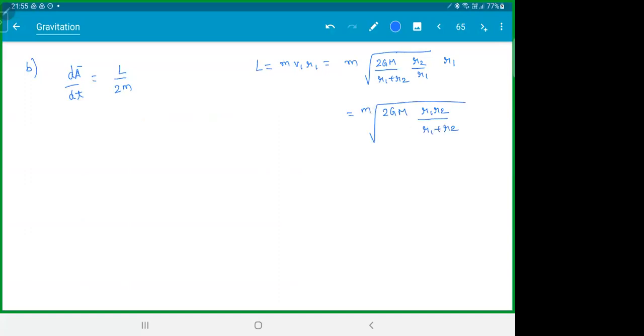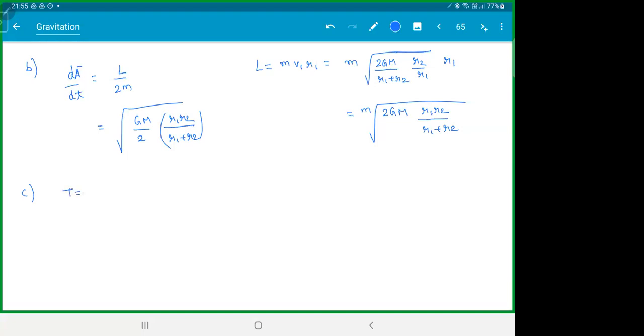This is your angular momentum, right? So this guy will be 1 by root over GM by 2, r1 r2 by (r1 plus r2). That's your areal velocity.